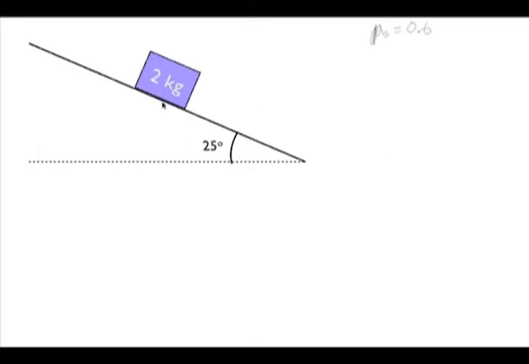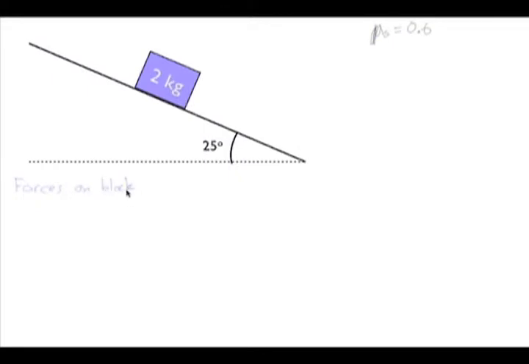So we're going to start by drawing a force diagram of this box. We're doing that because we've been given information about the forces in terms of the mass and the coefficient of friction. Before we start drawing the forces, let's just remind ourselves what forces should be on this diagram. So we're looking for forces on the block.